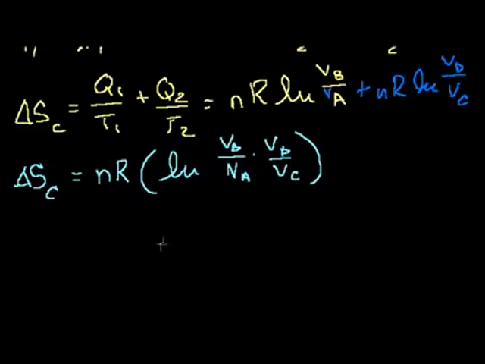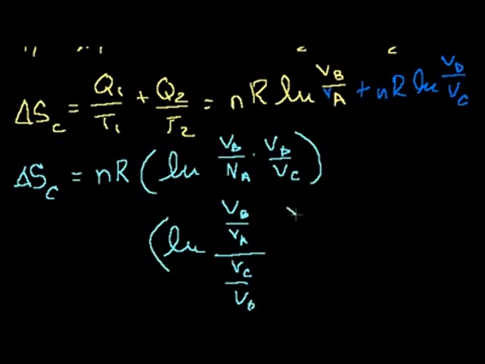So I can rewrite this as the natural log of Vb over Va divided by, instead of multiplying it times this, I can divide it by this reciprocal, Vc over Vd. So I just rewrote it. I just did a little bit of fraction math. That's all I did. Instead of multiplying it times this, I divided by its reciprocal.